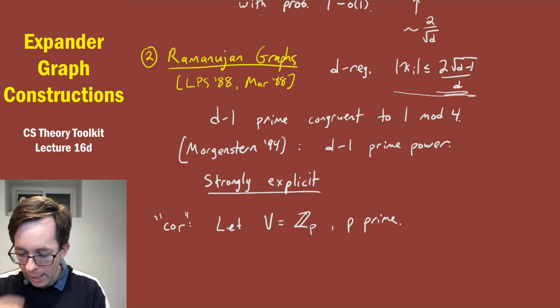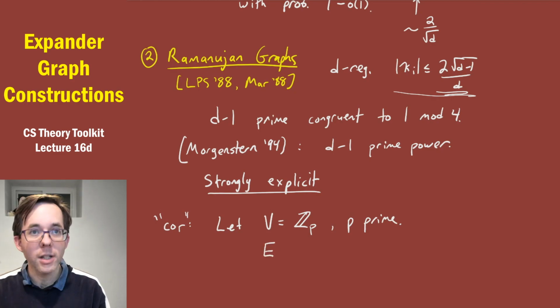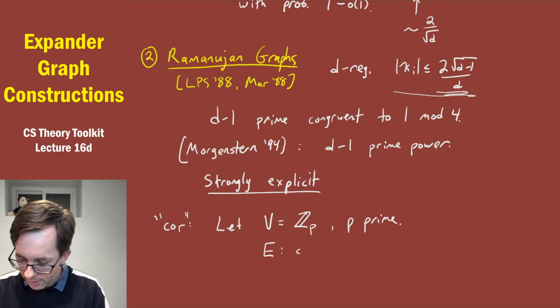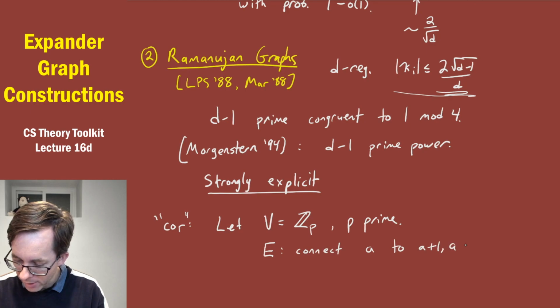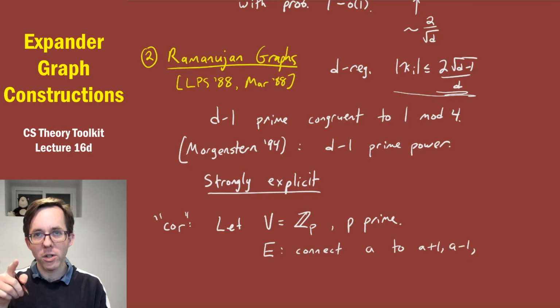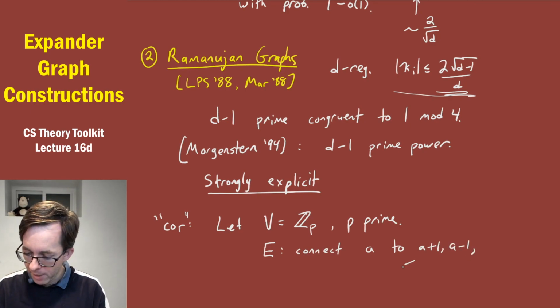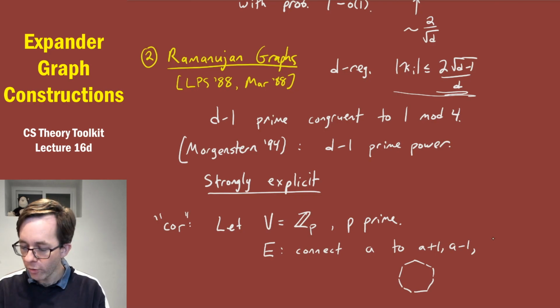And what are the edges? You connect a vertex a to a plus 1 and a minus 1, which so far just makes a ring, a cycle. And the last thing you connect a to is 1 over a, mod p.